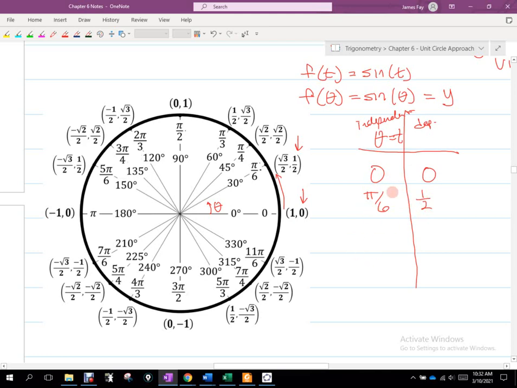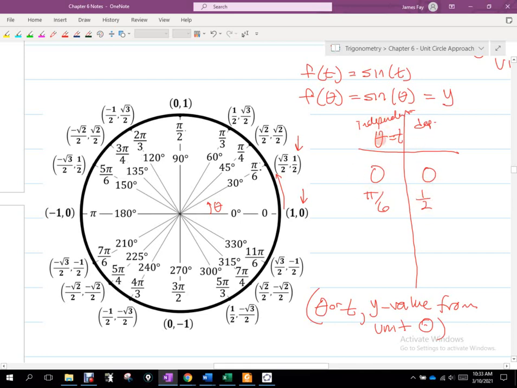So what I'm plotting here on the right-hand side of this table is a theta or t value, comma, the y value from the unit circle. Now I call this the independent and dependent variable. I think that's the best way of doing it, not to get you confused with x's and y's and t's and thetas. But when we graph on the Cartesian plane, this can be our x value and this will be our y value. Does that make sense?